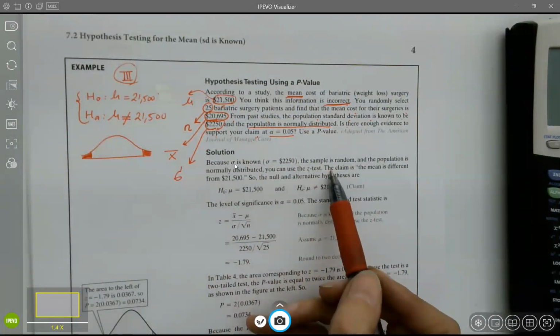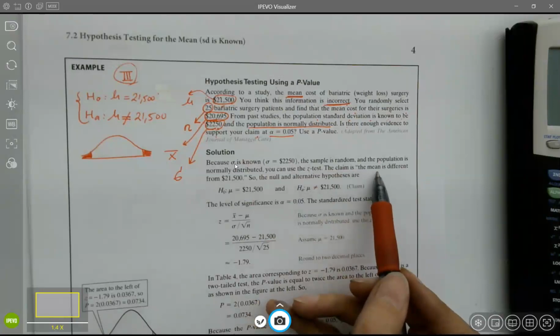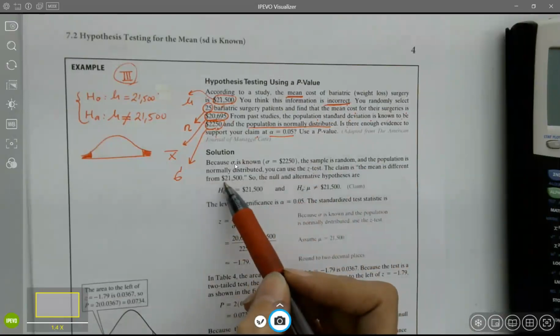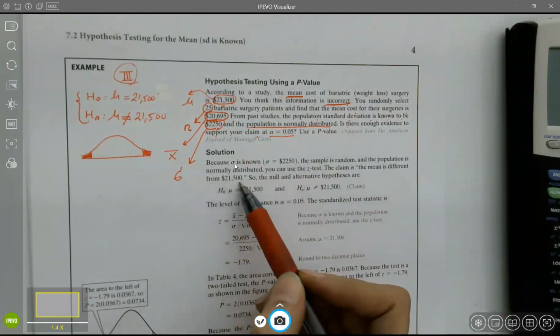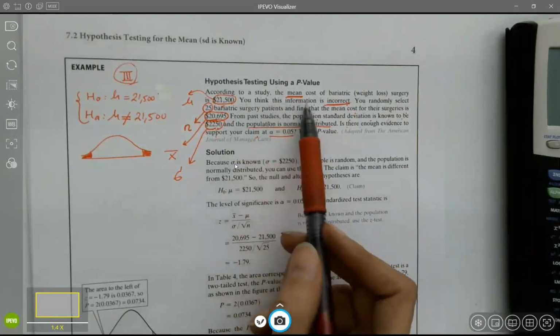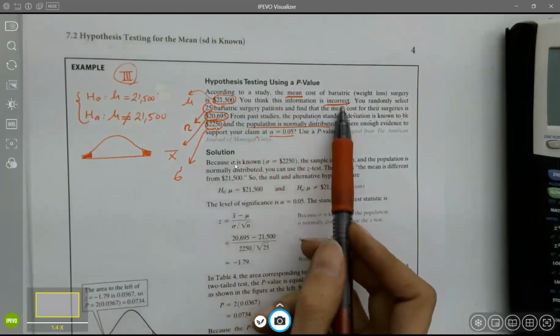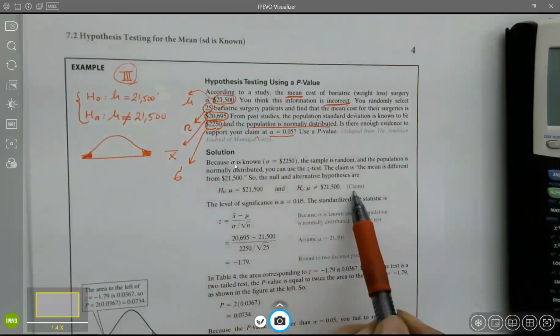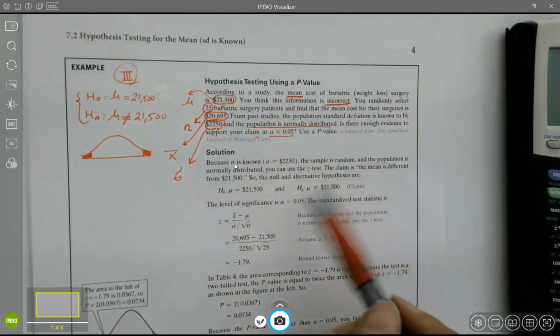The claim is that the mean is different from 21,500, because you think this information is incorrect.